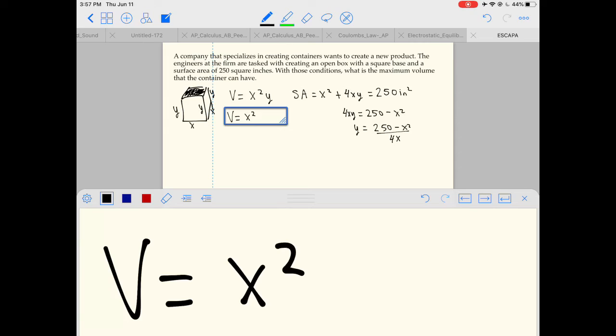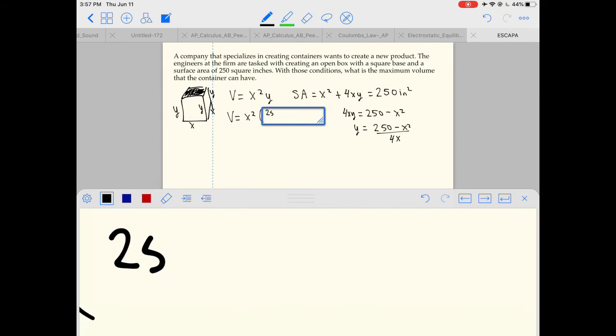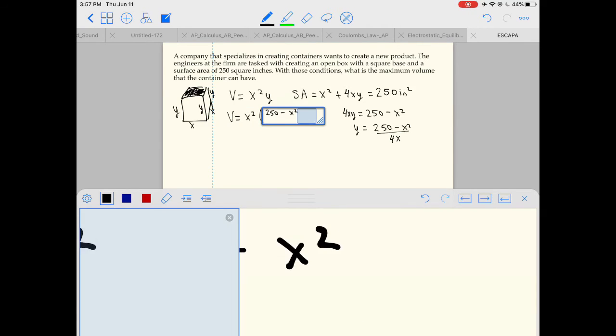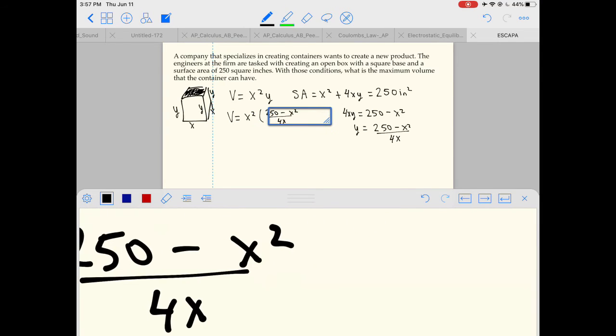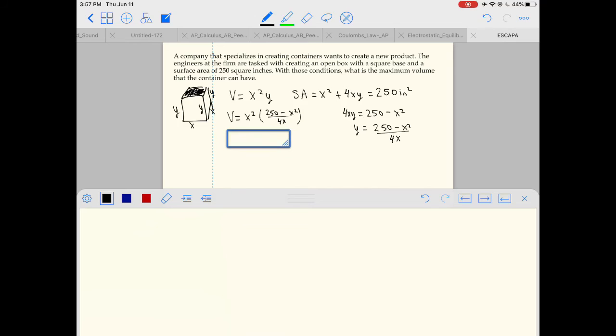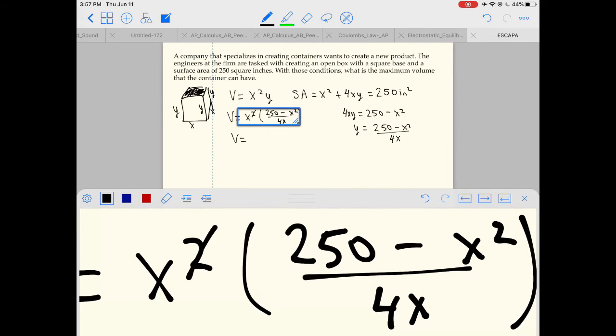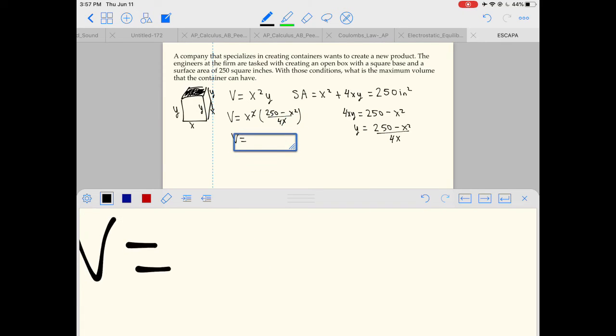All right. So now let's plug this into the volume equation. Volume equals x squared times 250 minus x squared over 4x. We can cancel that, and we can distribute this as well.